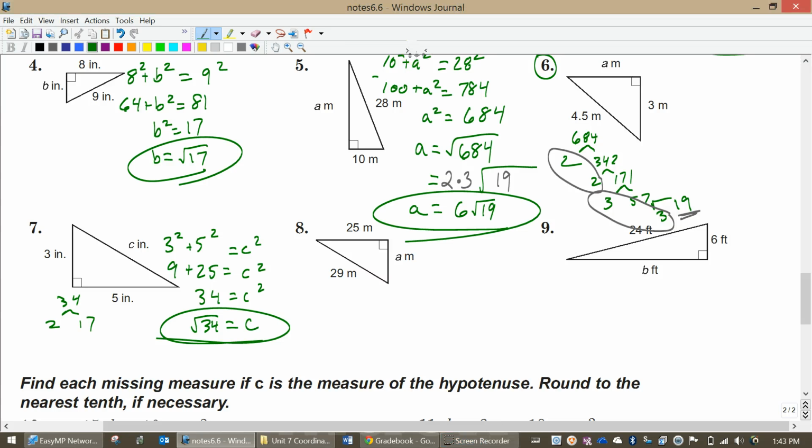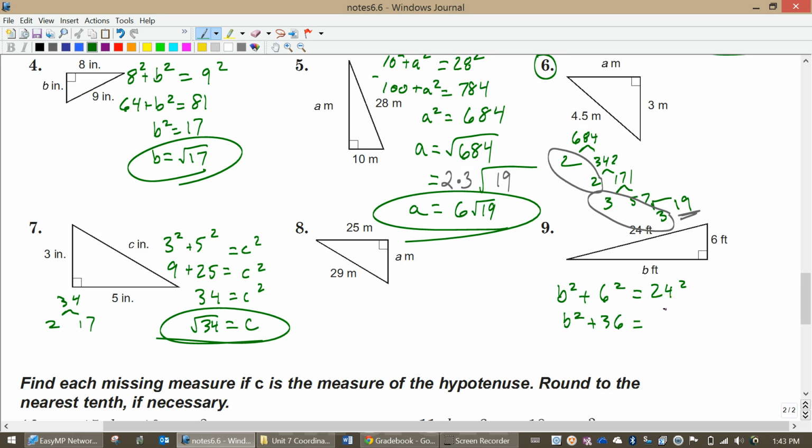So this guy, so you get 24 squared. Does that really mess you up that I wrote B first? It doesn't really matter where B and A are, what matters is the hypotenuse. And what matters is that it's actually a right triangle. I don't know what 24 squared is.